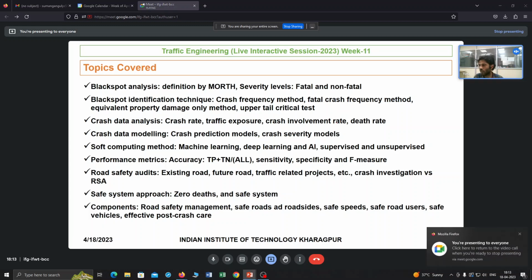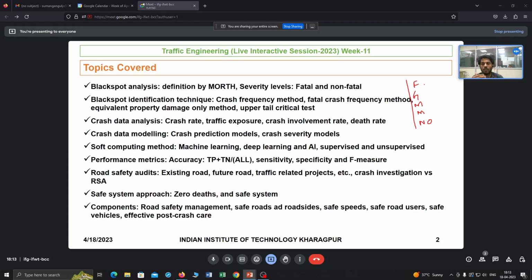Here we consider not only the fatal ones, F, but also grievous injuries, major injuries, minor injuries, even no injury. These are different levels, and they are expressed in terms of equivalent property damage. So it's like a conversion into cost.